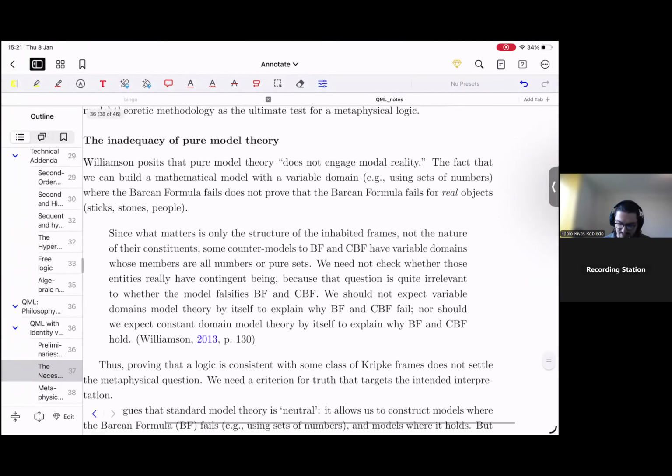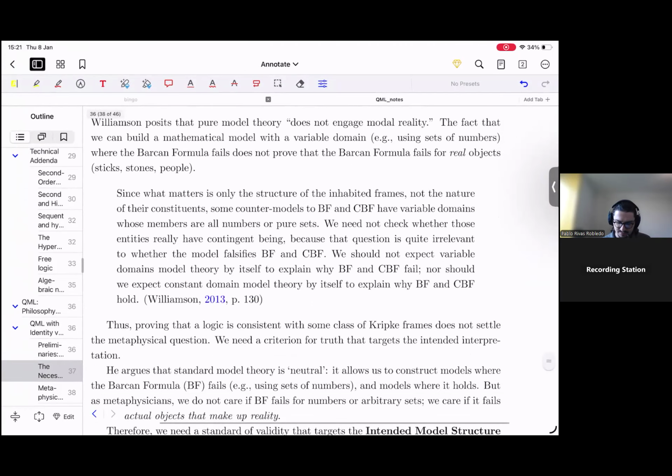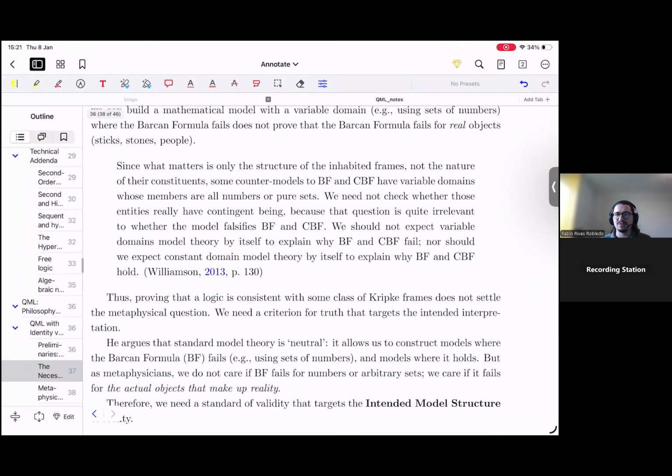I'm going to read from Modal Logic as Metaphysics because I think this passage is very interesting, so please follow with me. "Since what matters is only the structure of the inhabited frames, not the nature of their constituents, some countermodels of the Barcan formula and the converse Barcan formula have variable domains whose members are all numbers or pure sets.